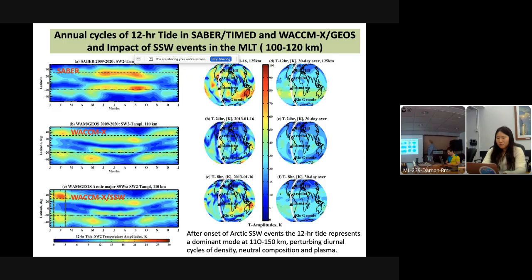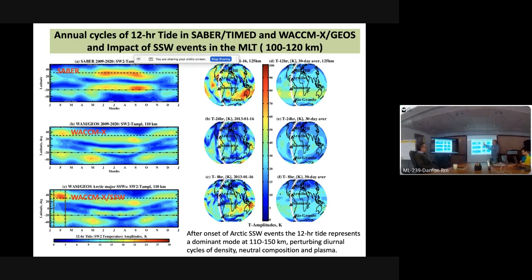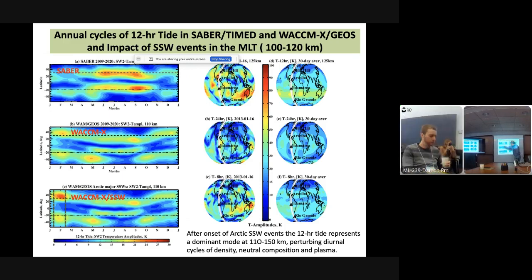If we go to the semi-diurnal tide, this is again SABER estimates, average 2009 to 2020. This is the semi-diurnal migrating mode number 2, and this is the WACCM-X representation at 110 kilometers. This is all years from the SD WACCM-X run, and this is only years which have major stratospheric warming events.